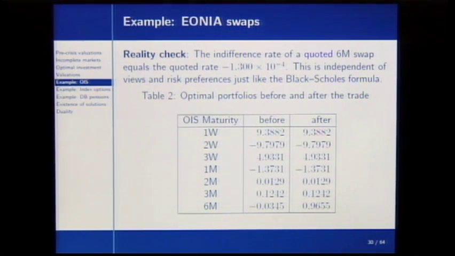And the first problem is this. We try to price one of the quoted options just to see if any of this makes sense. So what we try to do is find the indifference price for the 6-month maturity swap on Eonia using this convoluted optimization and line search procedure that I explained. So let me explain that.